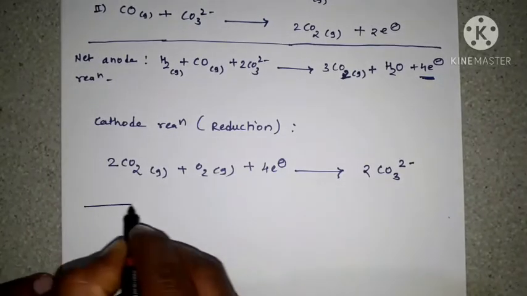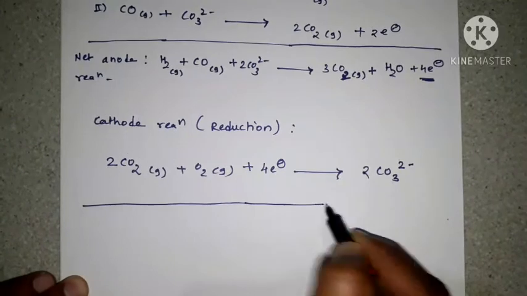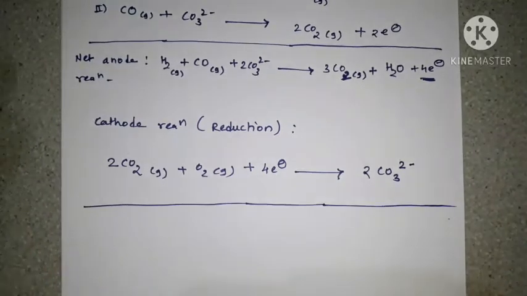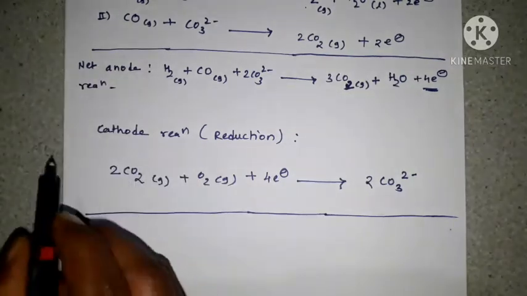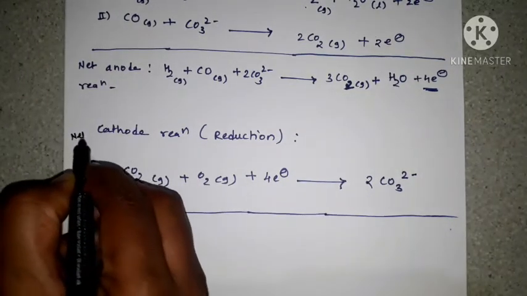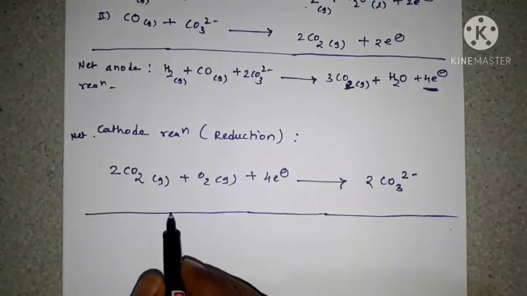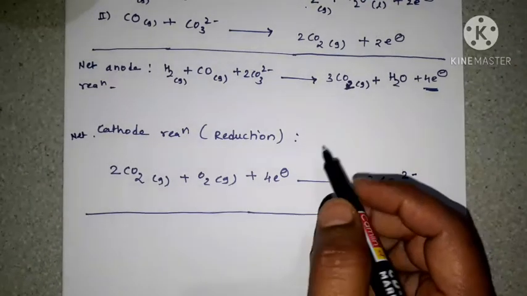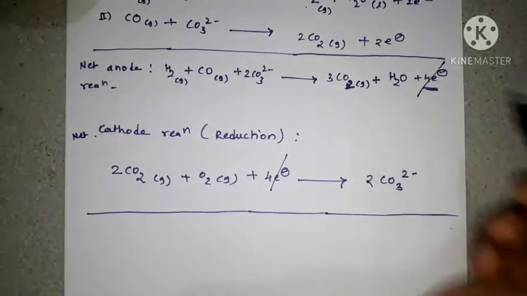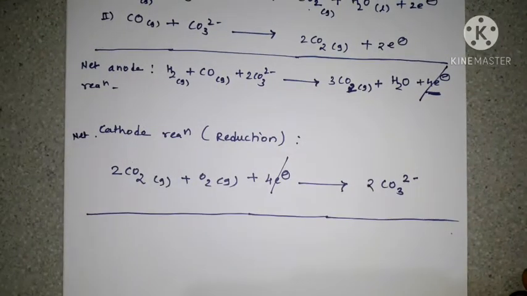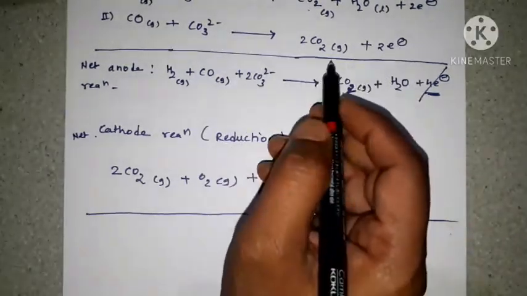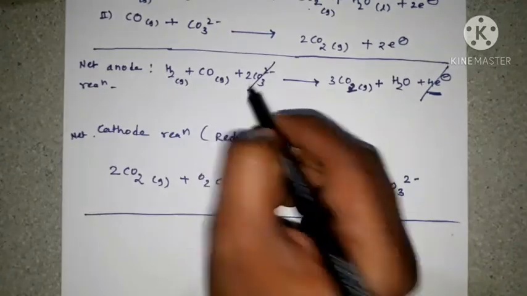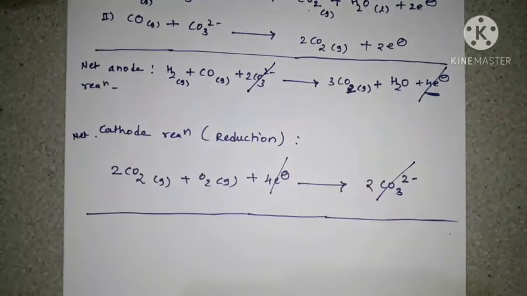Then we have to write the overall cell reaction by using this net anode reaction and this net cathode reaction. Which parts get cancelled? 4 electrons, 4 electrons. Then another one, 2 CO3 2 minus, 2 CO3 2 minus get cancelled.